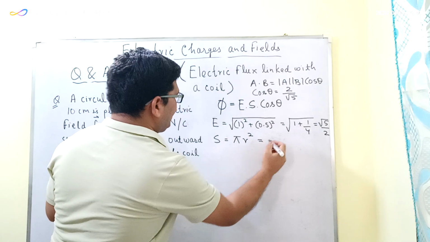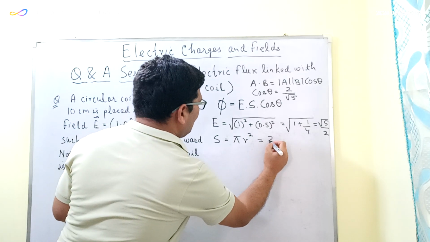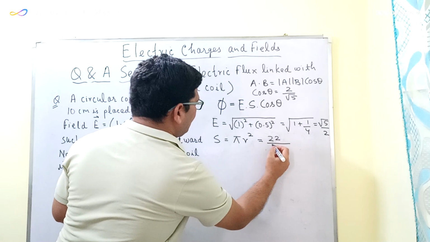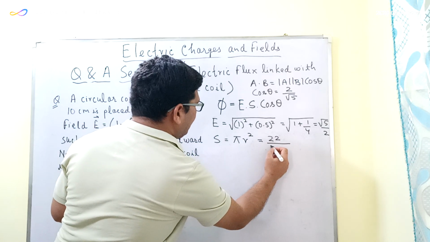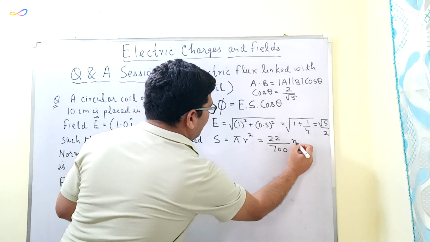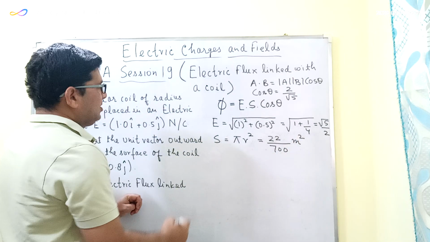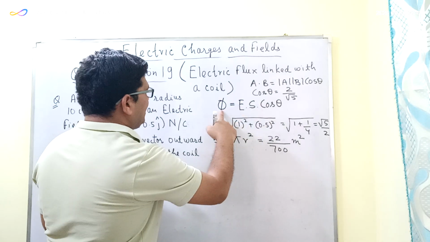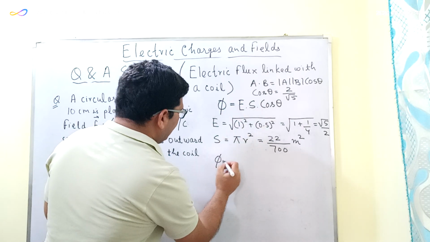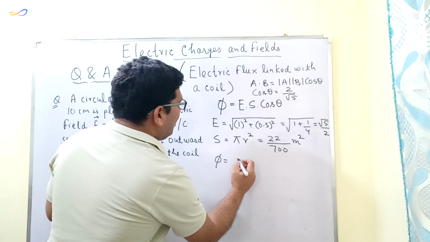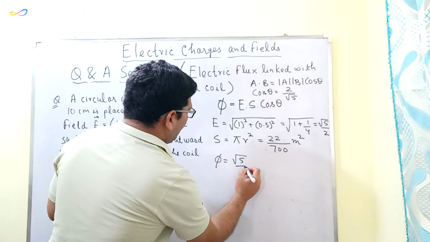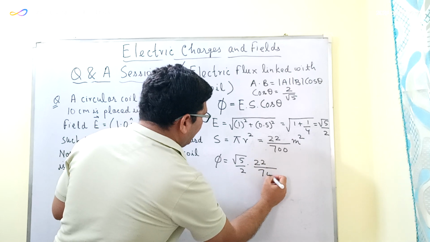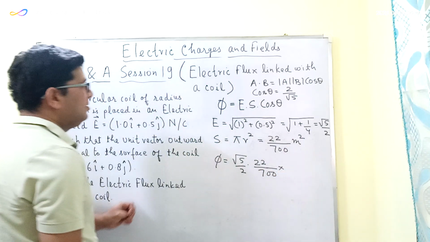And the surface area of this circular coil was equal to 22 by 7, and r was equal to 1 by 10 meters, so that was equal to 22 by 700 meters square. So now I will be substituting the value of E, S and cos theta in this equation, that is phi is equal to, E is equal to root 5 upon 2 into 22 by 700 into cos theta.